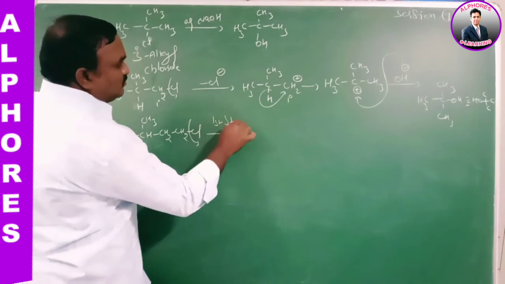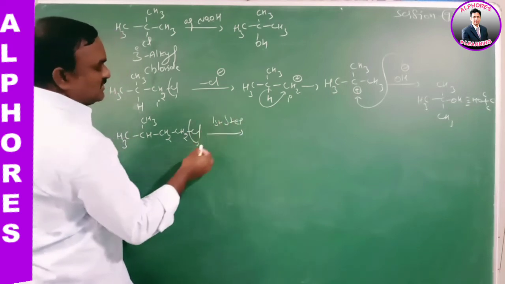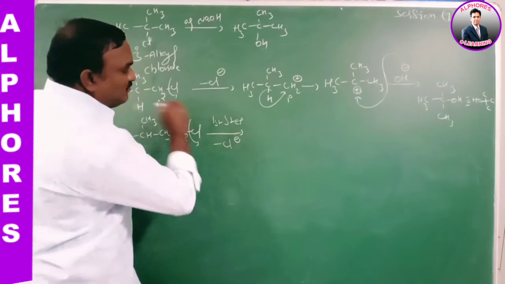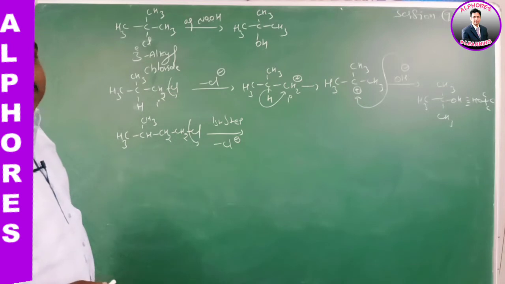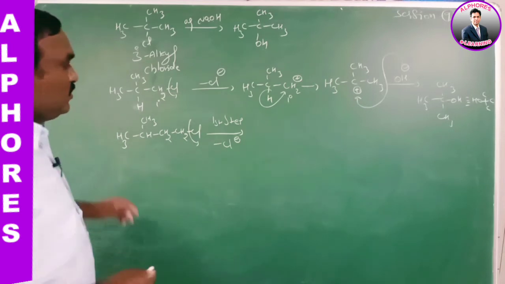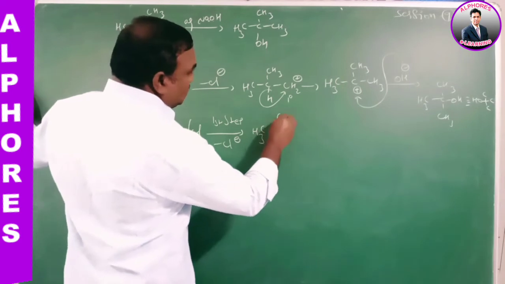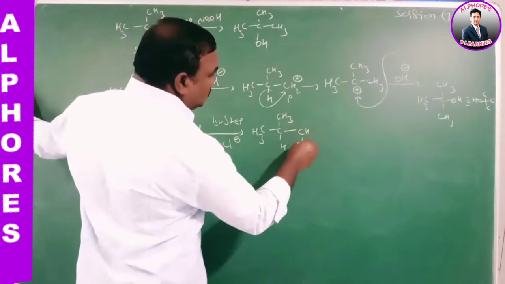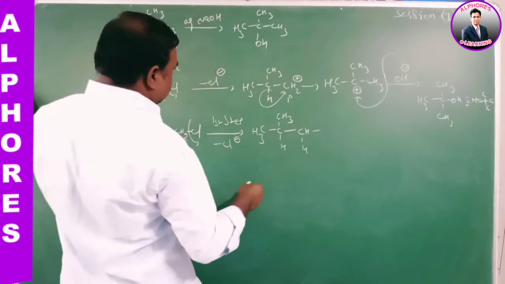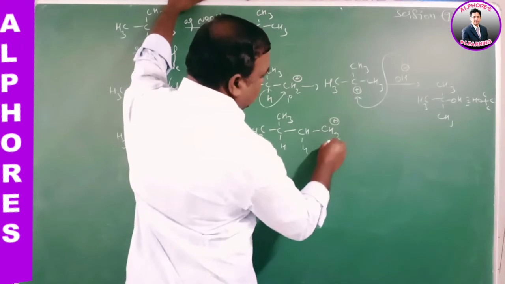Here also the same thing. The first step is the slow step, the rate determining step, the bond cleavage step between the carbon and chlorine. Now here CH3, again CH2, and CH2 plus.